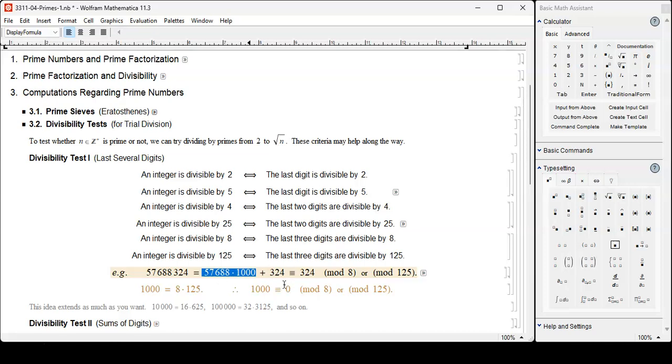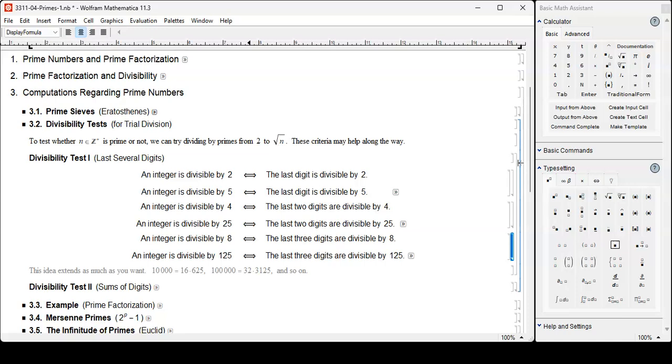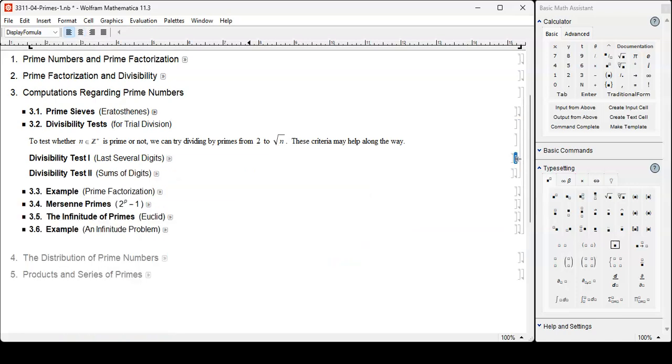For 125 it's not that useful, but for 8 this can be useful. You can do the same for 16 or 32 or more, but what's the point if you have to take too many last digits? Anyway, that's the kind of divisibility test we talked about initially, and that's type 1.